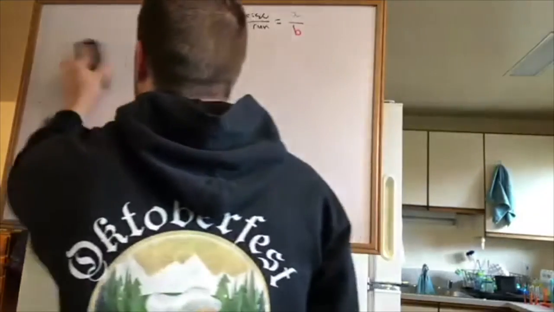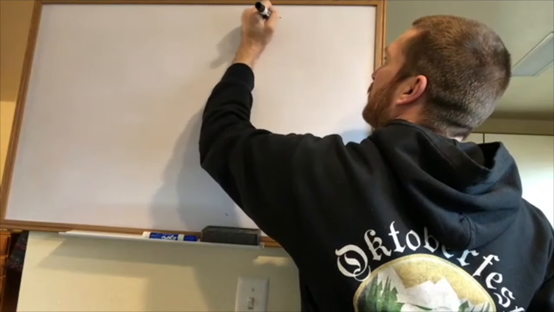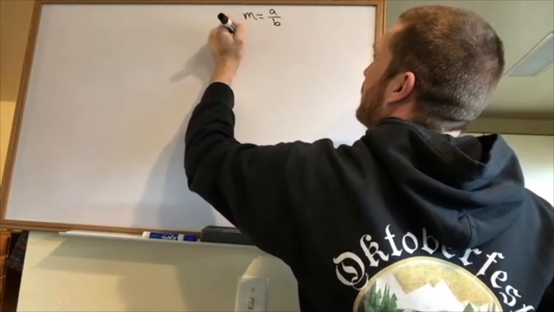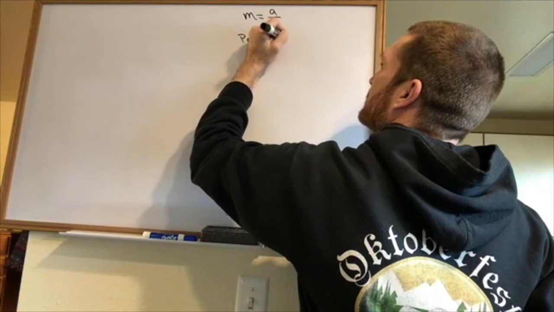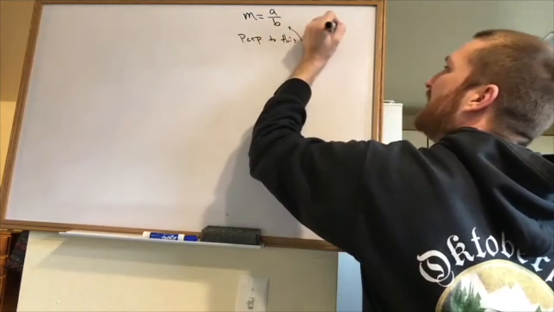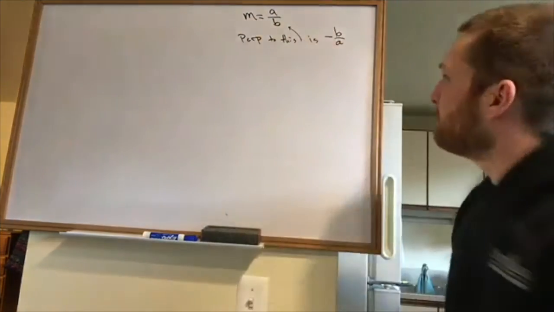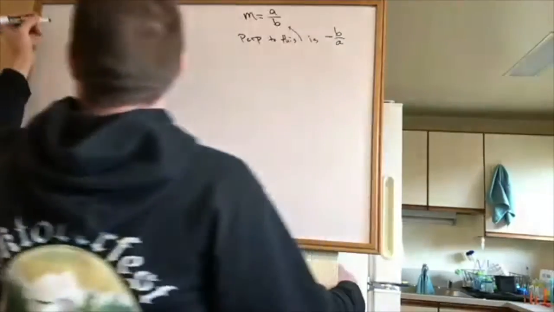So we just said two ways of thinking about it. Given M equals A over B, then perpendicular to this is negative, flip it, make it negative.